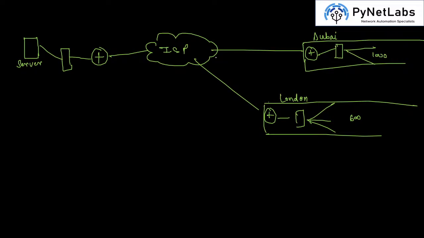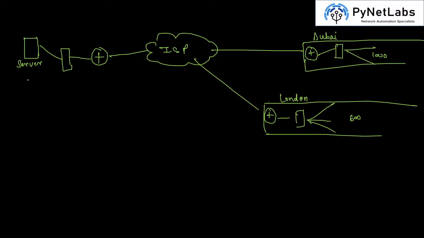So when you are willing to host your specific server over the internet, in this type of scenario, you will need BGP only. You cannot work with RIP or OSPF to do such a thing.